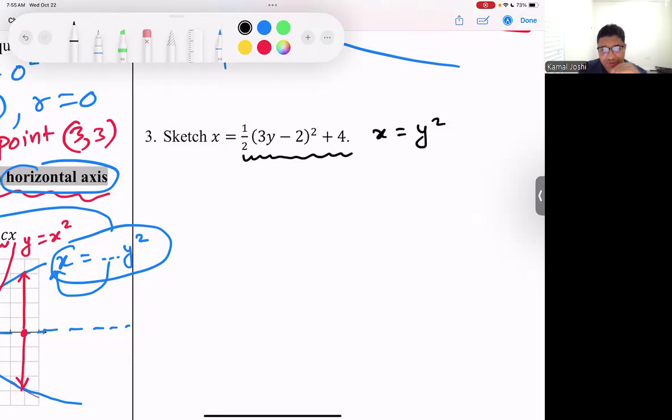Like we have done before, you can write the sequence of steps as, first, instead of y squared, you are doing 3y squared.